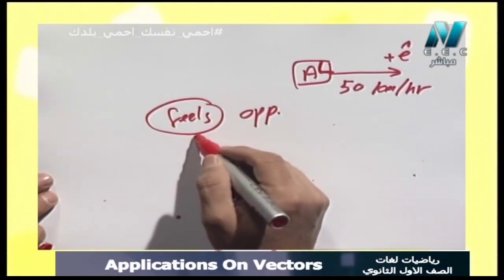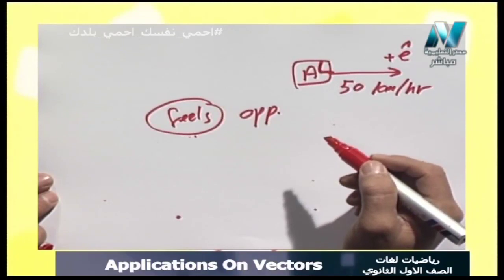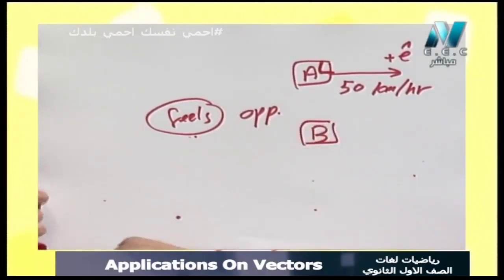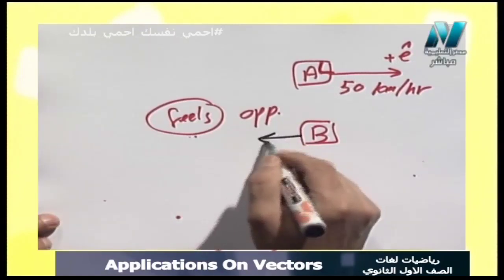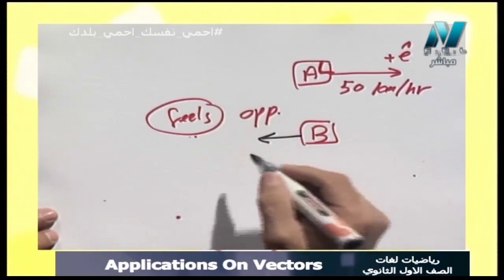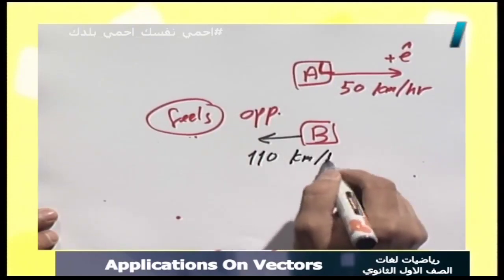What is the meaning of feels? Feels that another car B moves in the opposite direction with velocity 110 kilometers per hour.